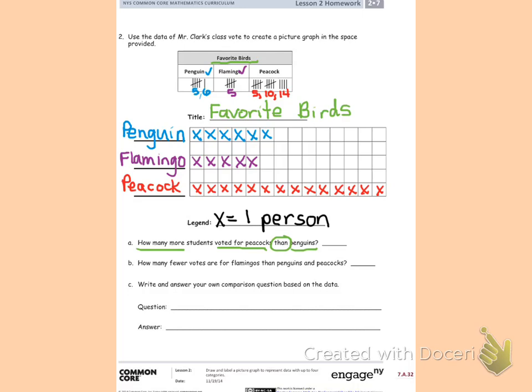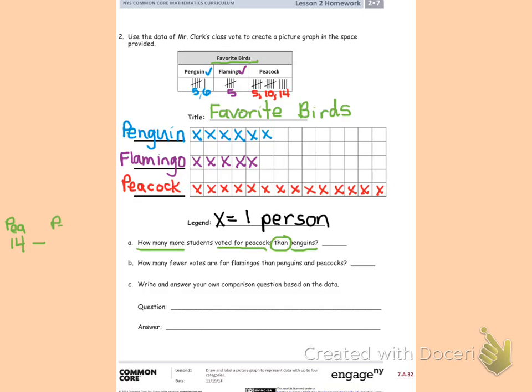I will remember to label my numbers so my teacher knows where I got those numbers and what they represent. I'll write PEA for peacock. And we already counted the tallies above, and we know that there are 14 who like peacocks. We're going to subtract the number of people who like penguins.